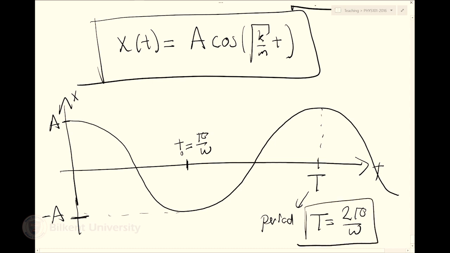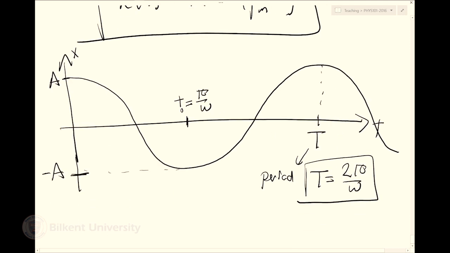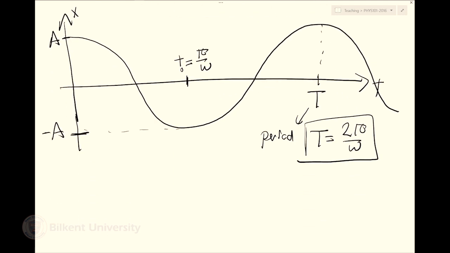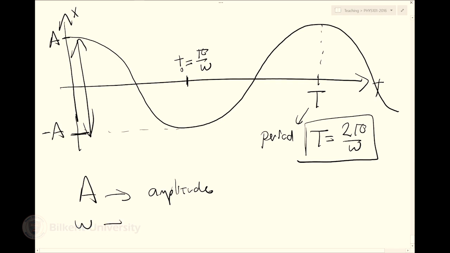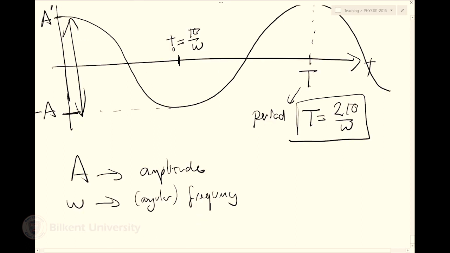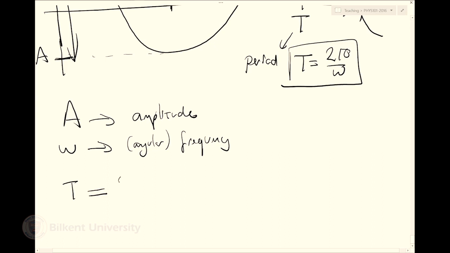So let me just tell you a few nomenclature of oscillations. How much you oscillate, or A, is called the amplitude. Omega is called angular frequency. T, which is 2 pi over omega, is called the period.